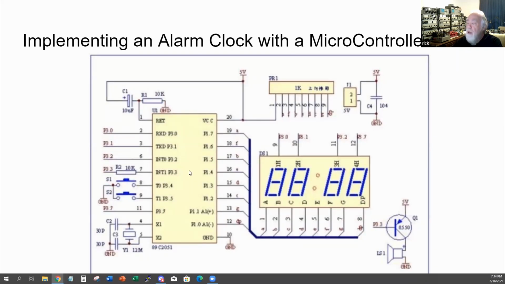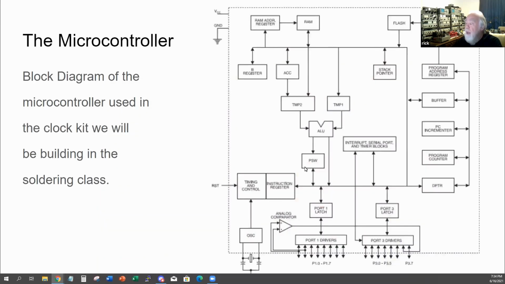So first we're going to look at the basic internals of the microcontroller to see how a computer functions. There's a block diagram of the exact microcontroller that's used in the clock. It looks very complex at first glance, but if you break it down into little pieces, it's very easy to understand.